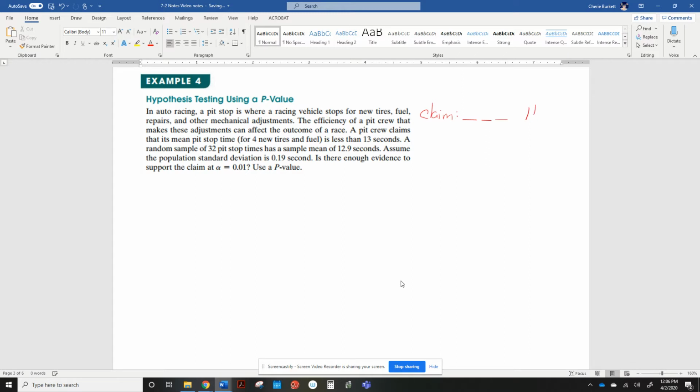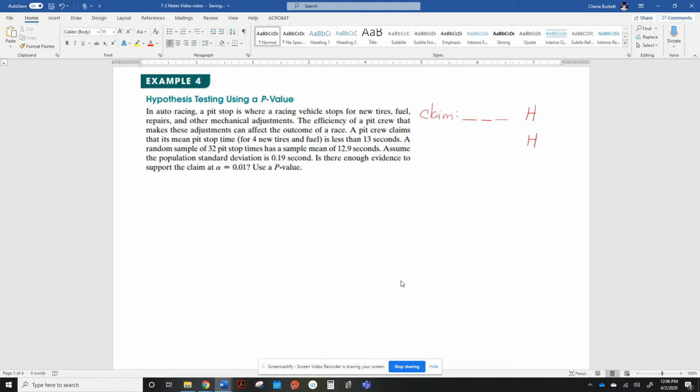Then we need to label it as which hypothesis it is. Then we write the opposite and label which hypothesis it is. After we figure out what the hypotheses are, we'll be able to tell what kind of test it is, and we'll be able to draw the picture. Okay, so that's what we know how to do.